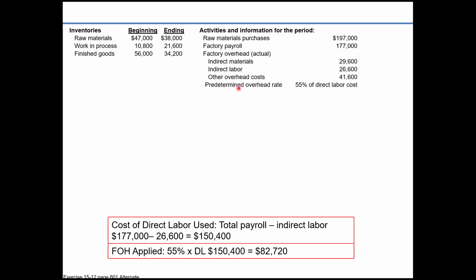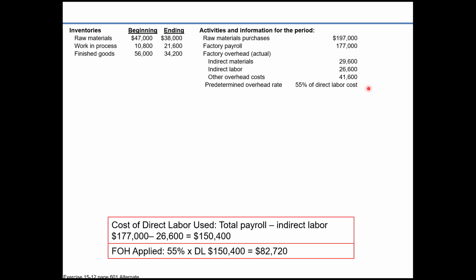Then we are also looking at something called applied overhead. So in this chapter, we're looking at something called a predetermined overhead rate. And the reason we do this is so that we can go ahead and bill the customer right away as soon as we've finished with the job and not have to wait for all of the actual factory overhead costs to come in.